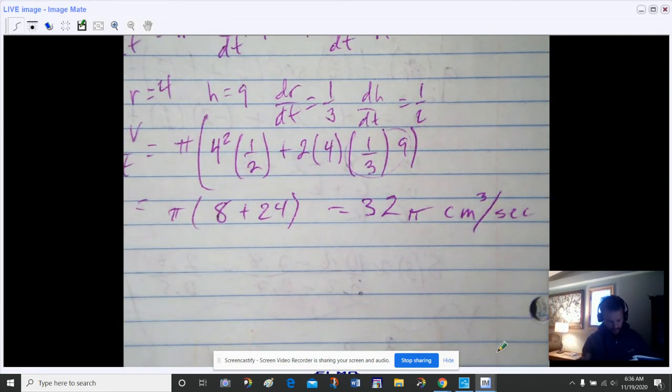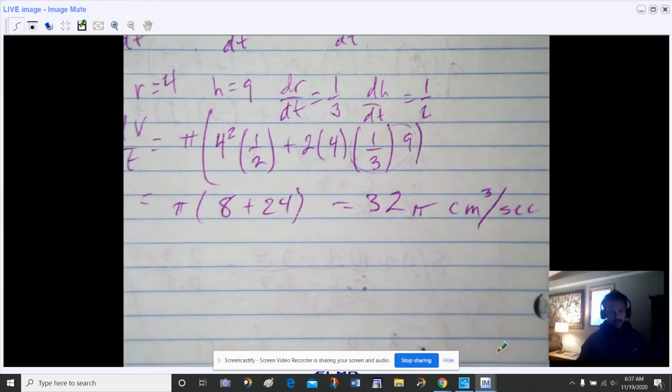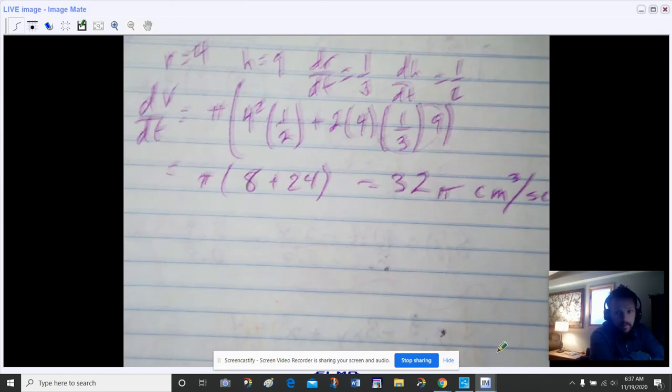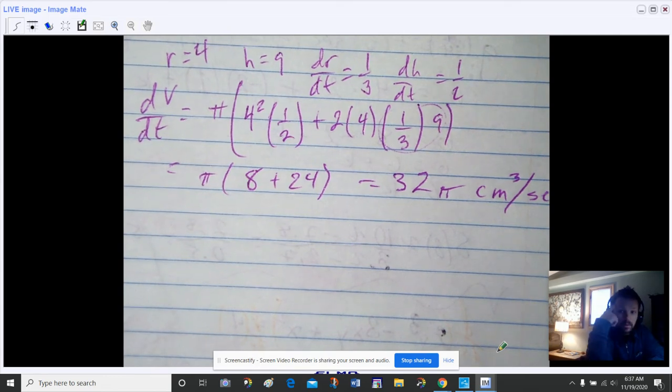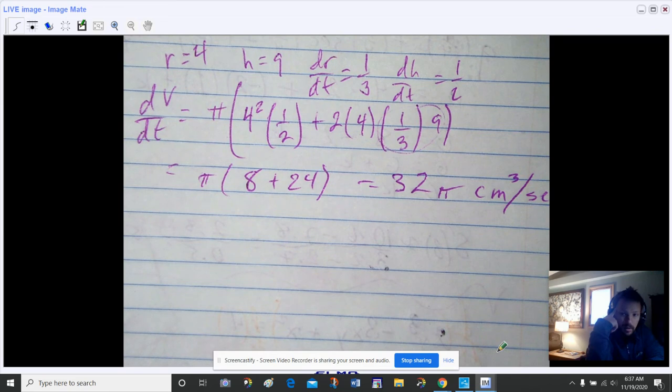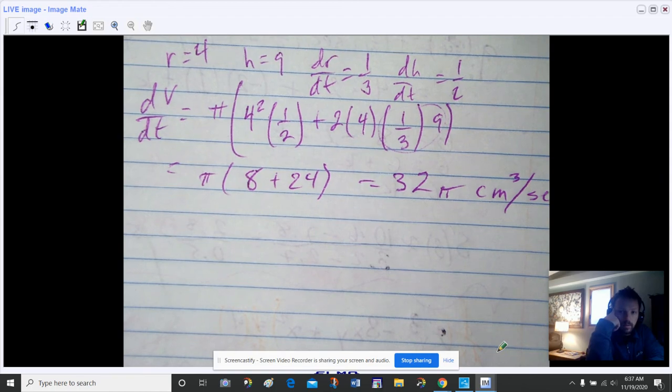All right, if you noticed anything that was not on that non-calculator portion of the test that we did in this chapter, then you're going to want to expect that on tomorrow's. So things like linear, tangent line approximation. We didn't do that, so you can expect that tomorrow.